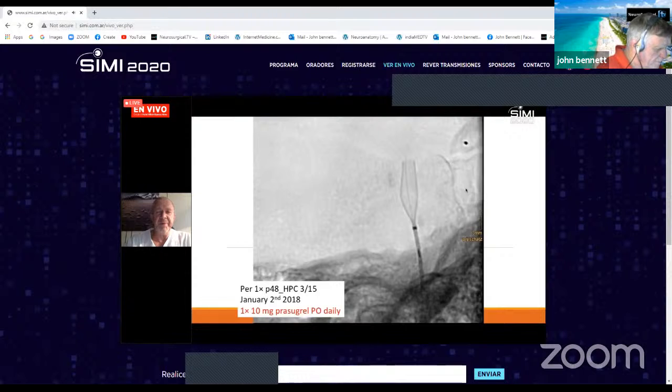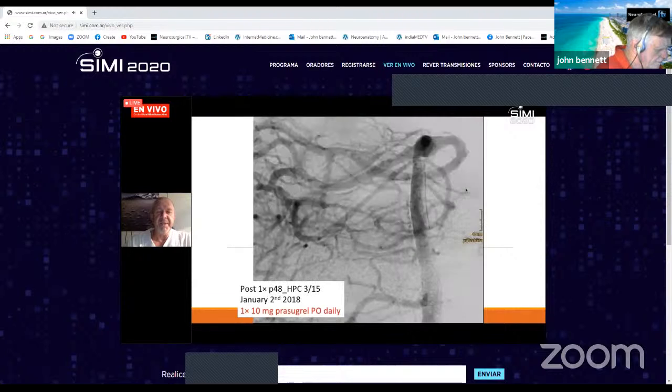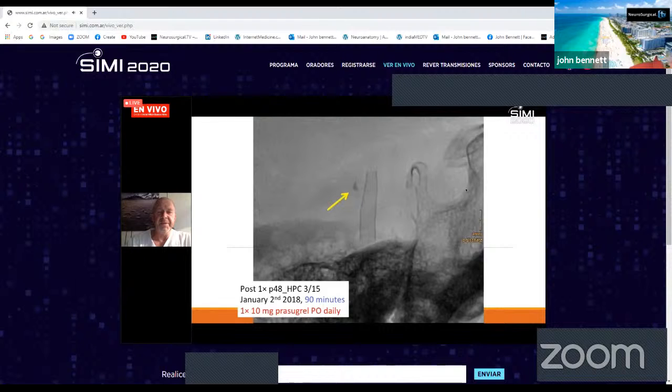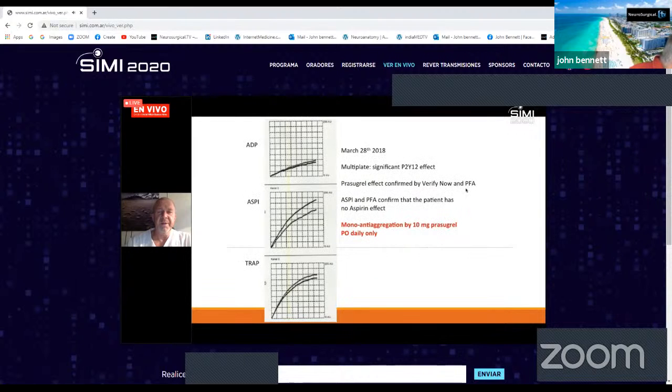This is a 3 by 15. It was treated on January 2nd, 2018. This is the implanted P48 HPC, and this is still January 2nd.